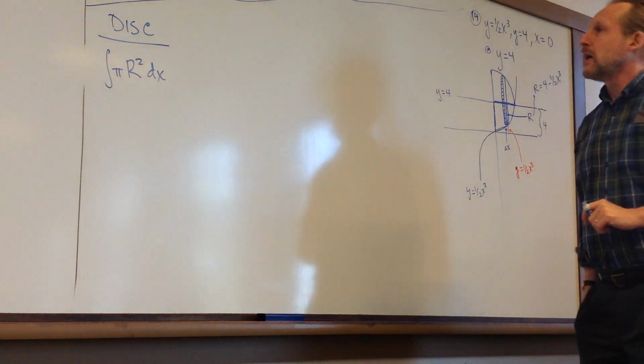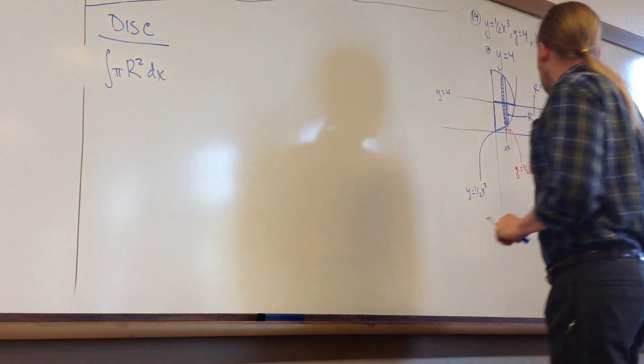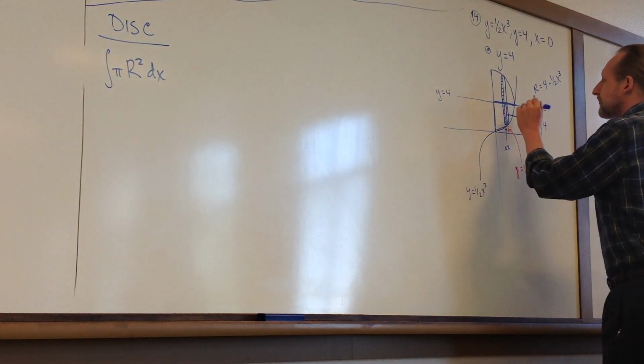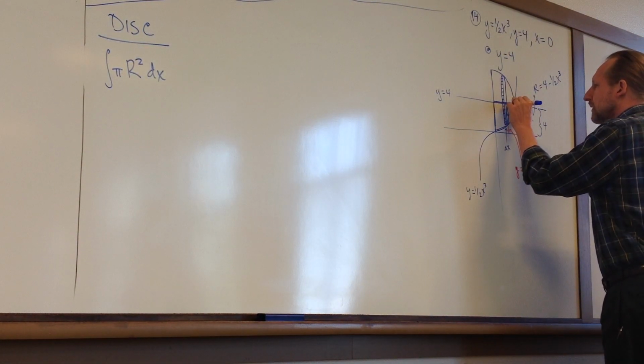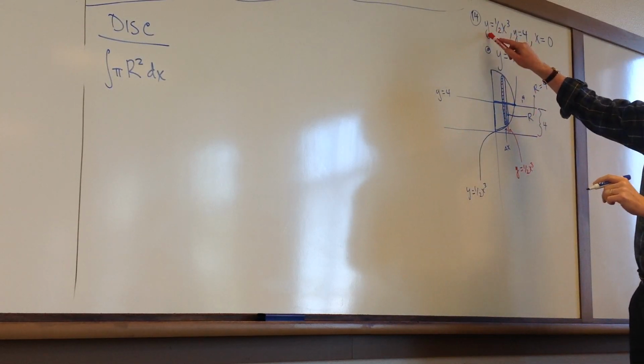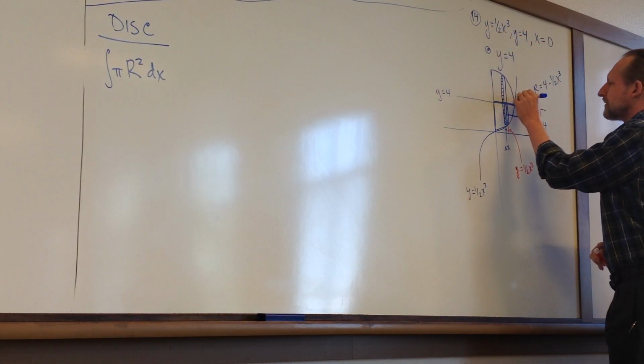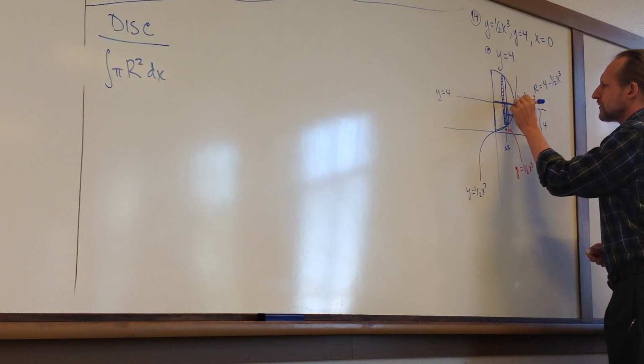Okay, so now we want to set up our integral. We're integrating with respect to x. So this point right here where y is equal to 4, that means x cubed would be 8, which means that x would be equal to 2.